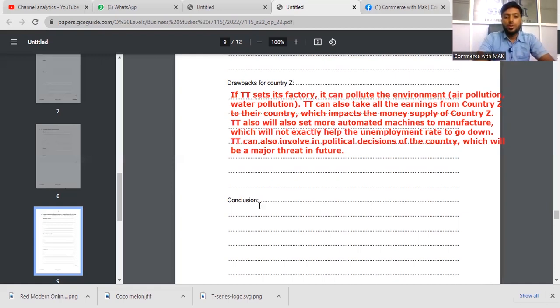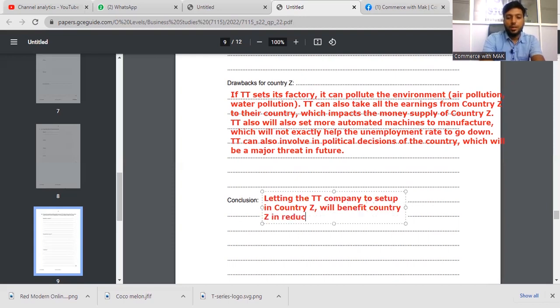To be honest, so the conclusion is going to be, I'm going to write, letting the TT company set up in country Z will help country Z. Will benefit country Z in reduction of unemployment and increase in tax revenues.